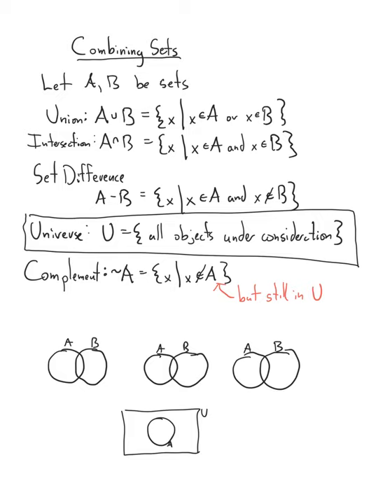An important thing to do with sets is to combine them in ways to make larger or smaller sets that will help you reason and talk about mathematical concepts. So we're going to talk about a few different ways of doing this. In fact, probably the most useful and the most common ways are the union and the intersection. And then we're also going to talk about the idea of a set difference and a complement.